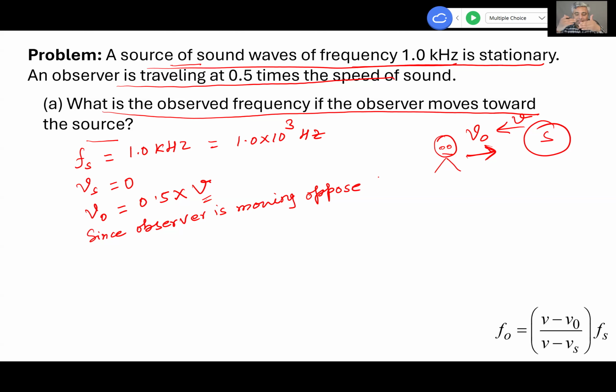So that is called relative velocity. Here, this is the relative velocity between the sound wave and the observer. They are moving towards each other, so the relative speed is going to be larger, so they have to be added. So to use that in our formula, we have to use a negative sign.